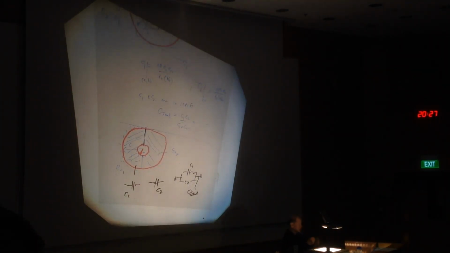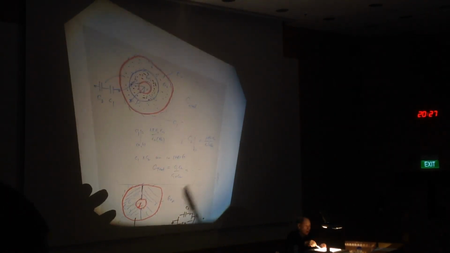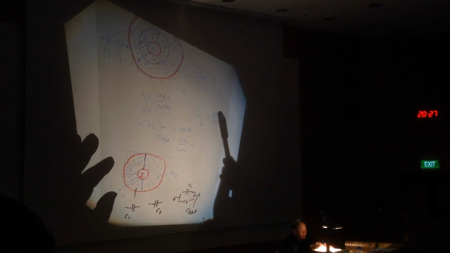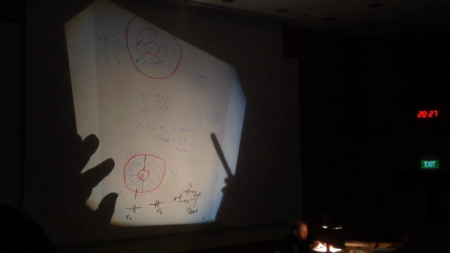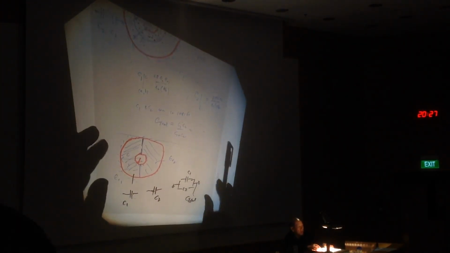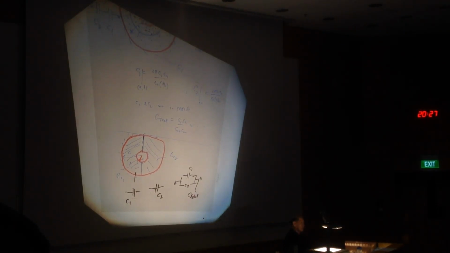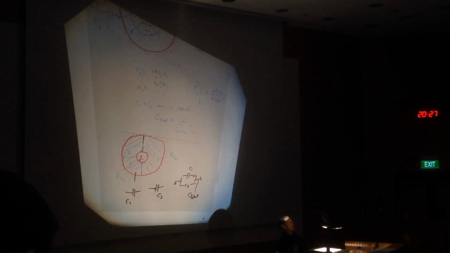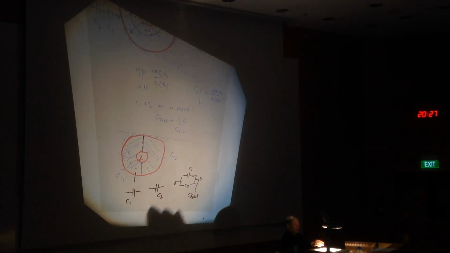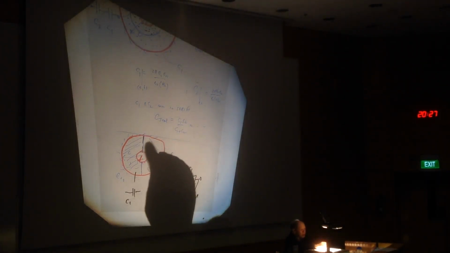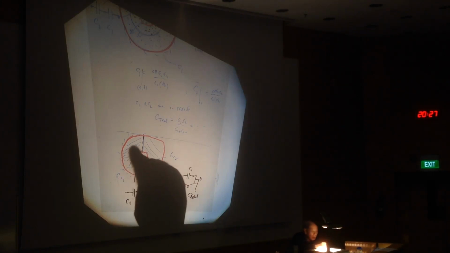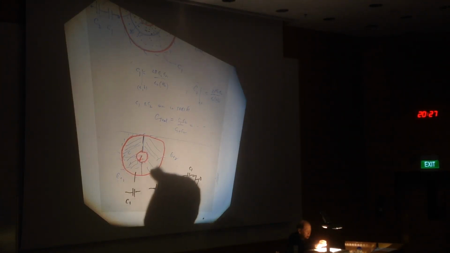But of course, when you calculate the formula, don't forget that when the whole capacitor is 2 pi epsilon over ln something, for half of it, of course you take half. Because two halves make one whole capacitor in parallel, so you take half of it. So half of the first formula, half of 2 pi epsilon naught epsilon 1 over ln B upon A. Sorry, can I change this?